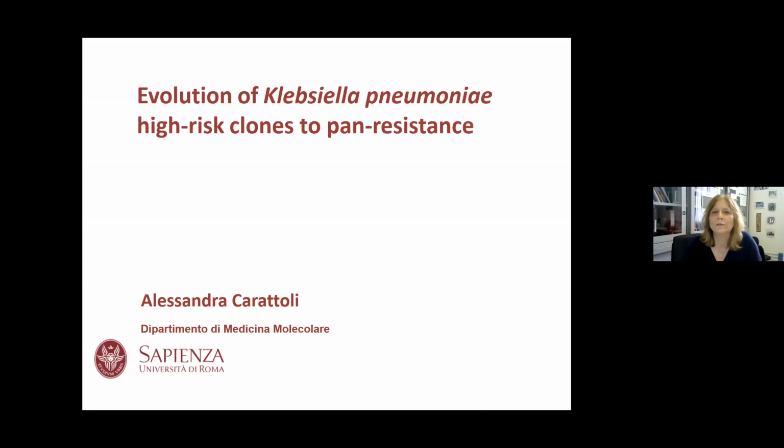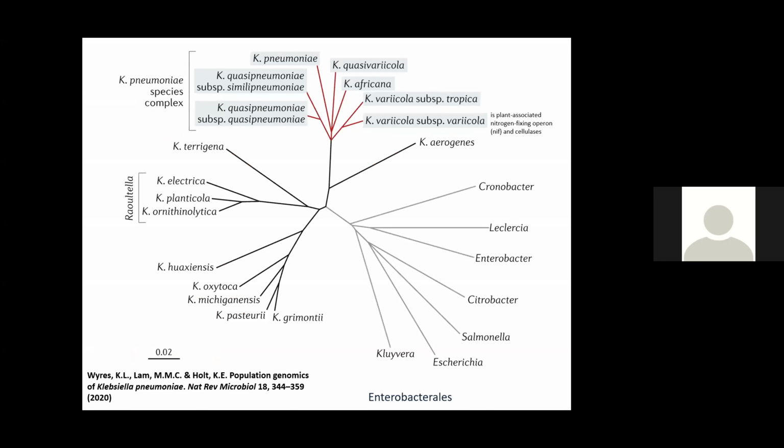So I will try to introduce you to the antimicrobial resistance mechanisms and the evolution of Klebsiella pneumoniae, which is reaching pan-resistance, meaning resistance to all antimicrobial classes. It belongs to the Klebsiella pneumoniae species complex.